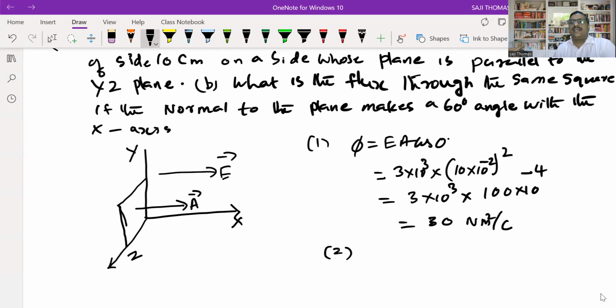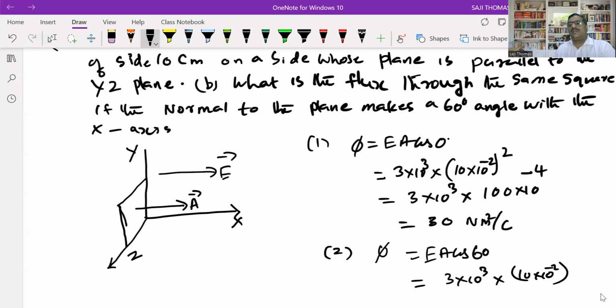The electric field is along the x direction, so the angle is 60 degrees. So the electric flux is EA cos 60. E is 3 into 10 raised to 3, area is 10 into 10 raised to minus 2 squared, and cos 60 is 1 by 2. On calculation, you get 50 Newton meter square per coulomb.